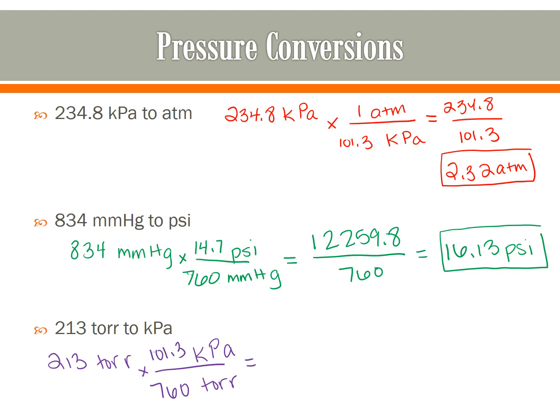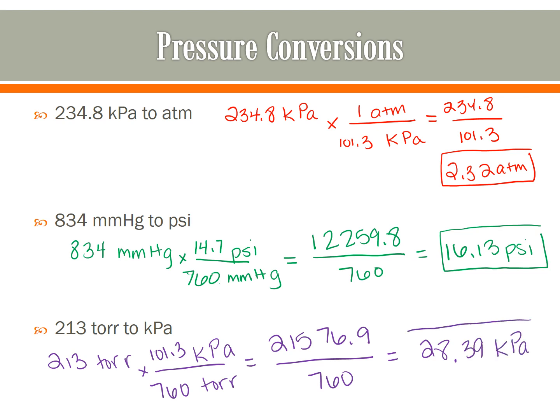So I do 213 times 101.3, which is 21576.9. Divide that by 760. We get 28.39 kPa.